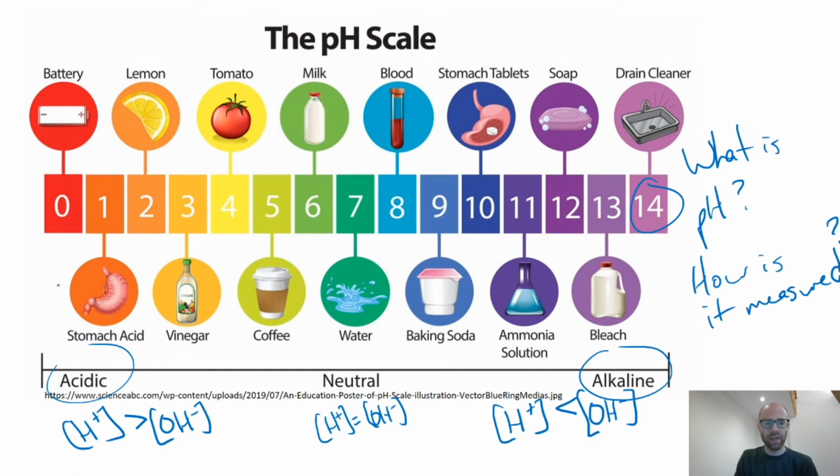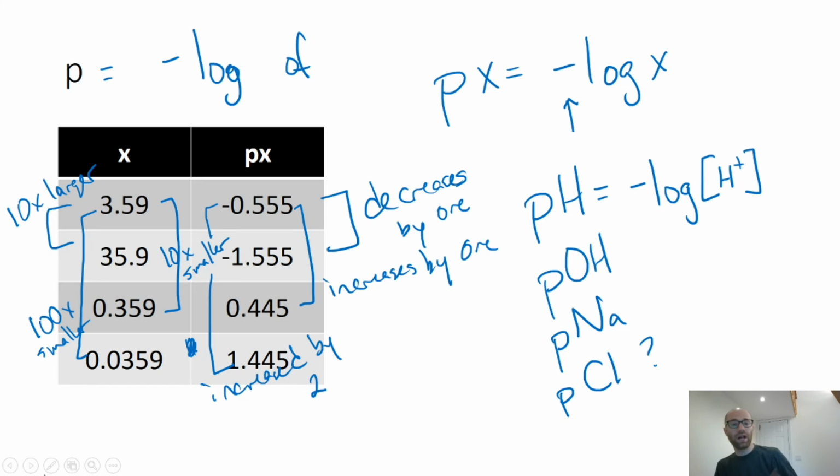We also know that if the H plus ion concentration goes up, right, they were equal, now H plus is greater, that also means that the pH is going down. If the pH goes up, that means that the H plus concentration goes down. As the X value goes up, the pX value goes down. As the X value goes down, the pX value goes up.